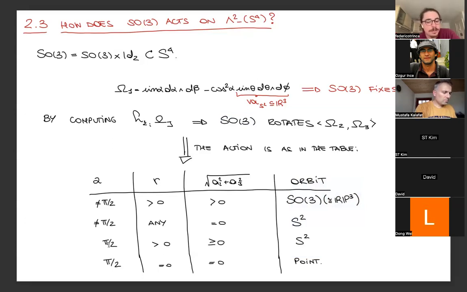Now, if I'm at pi half, then you can check that the action is just the standard action of SU(2) on R^3, and so I'm either a sphere if I'm away from the 0, or I'm a point if I'm at 0.